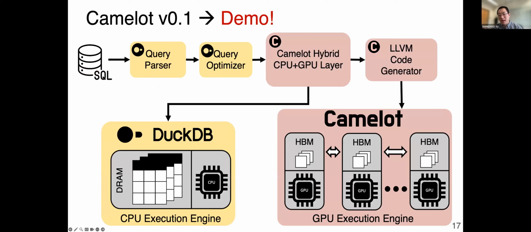And actually, when we execute, we use both. It's a hybrid execution model. Some queries will run in DuckDB, but other queries will run in Camelot. And we have an LLVM code generator to generate the GPU code in real time and then run it. Okay, so let me share this with you.